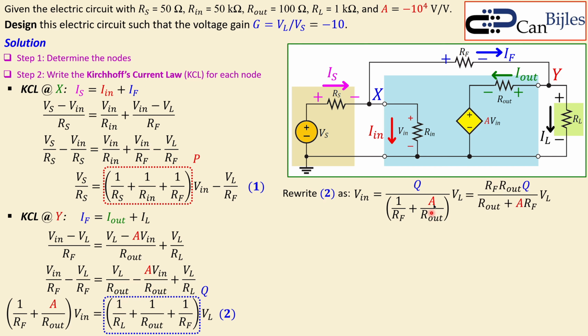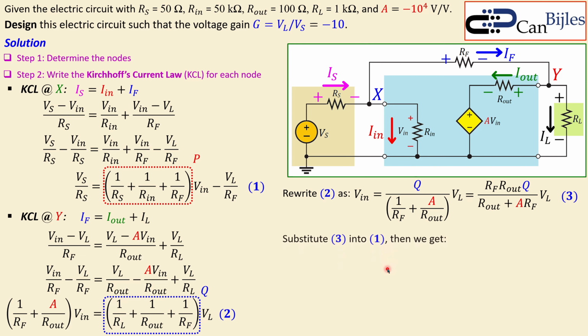We can multiply the numerator and denominator by Rf times R out. Then I get here R out and I get here A times Rf. And in the numerator I get Rf times R out times Q, and then times VL will be then Vin. And this is, of course, much nicer to use as an expression than this one. And let's call this also equation number 3 here.